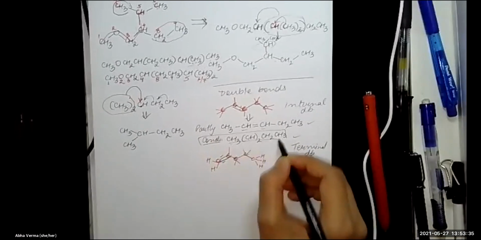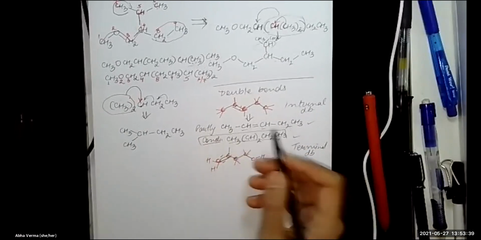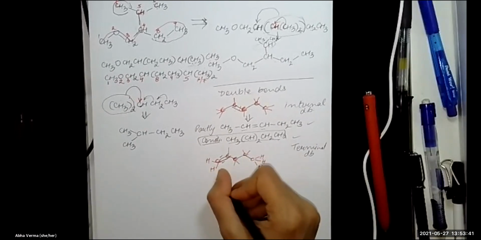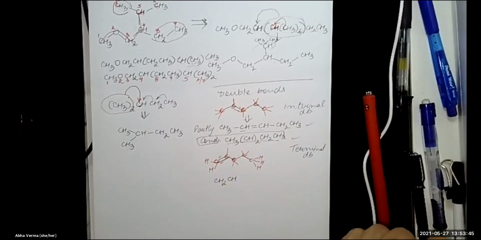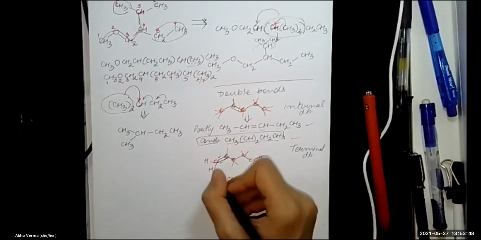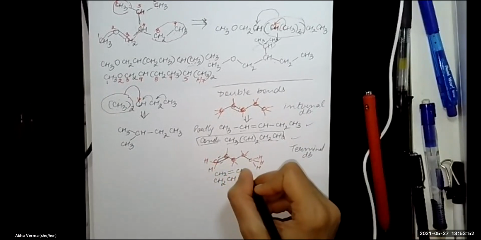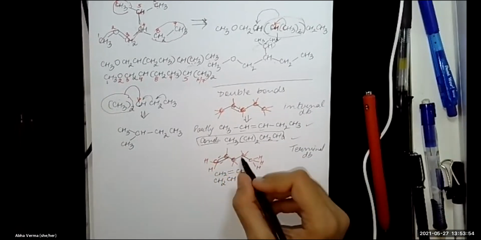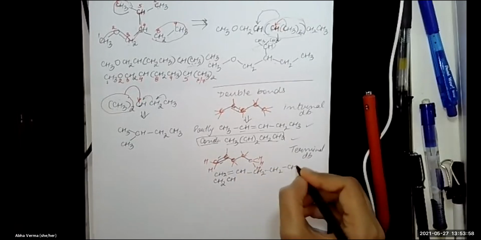So this is my answer. I can still write my partly condensed if I want to, but I'm fine. CH2, CH, right? This is my CH, or let's keep it that way. CH2 double bond, CH, and then I have 2 CH2 units, and then I have a CH3.